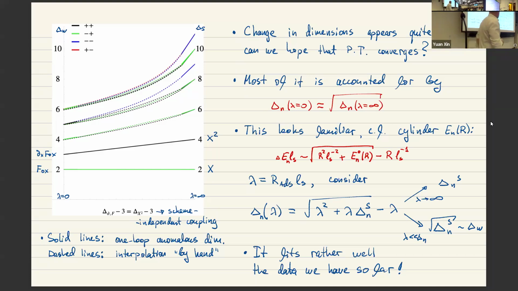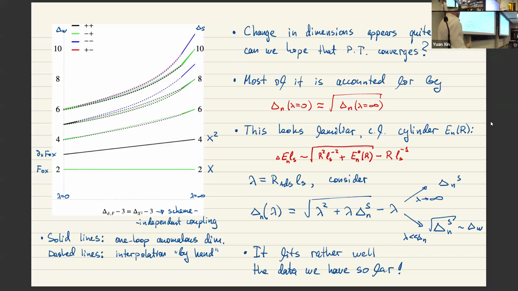Now, remember, in the beginning of the talk, I reminded you that the square root formula should look familiar. Let's recap the cylinder formula, where I said that the spectrum of dimensions is also well matched by something like a square root. The only problem is that in this square root, we couldn't take r to 0 because we had deconfinement.